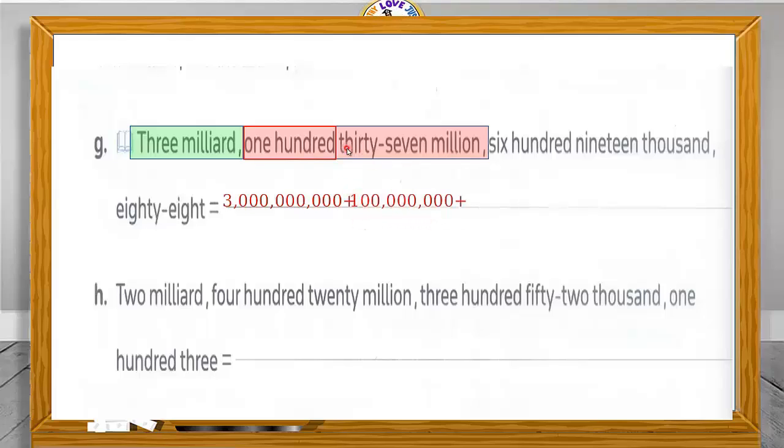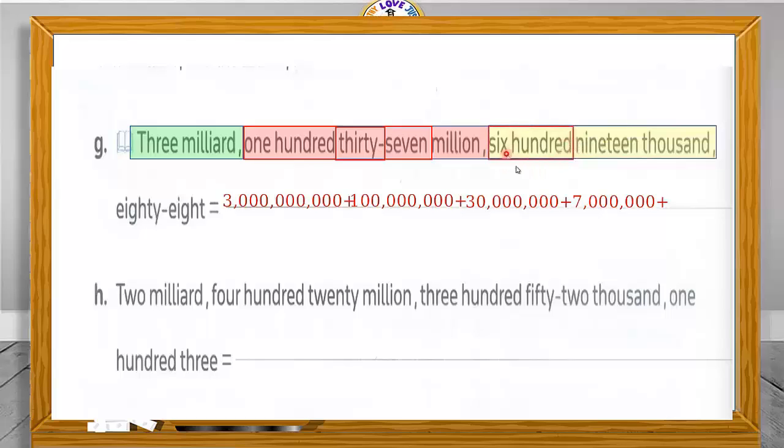Okay. Next one. 37 million. We will take the number in tens. 30 million. Next 7 million. We finished second period, and now we will read third period. 619,000. Write 600,000.